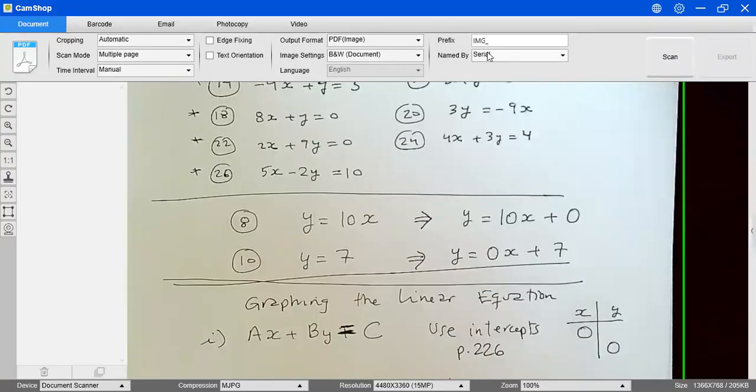So now we're gonna learn the third method to obtain the graph of a linear equation. So the previous methods were the point plotting method. Remember, that's the general method, regardless of the form of the equation.